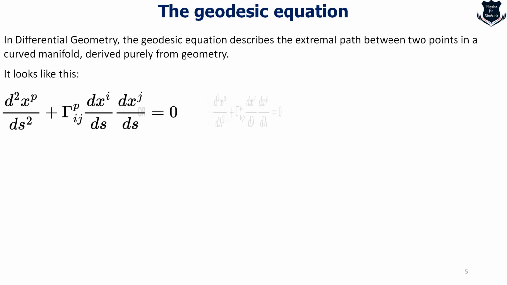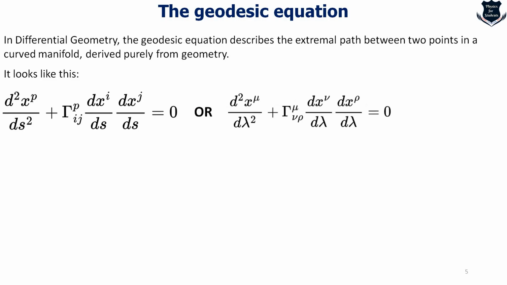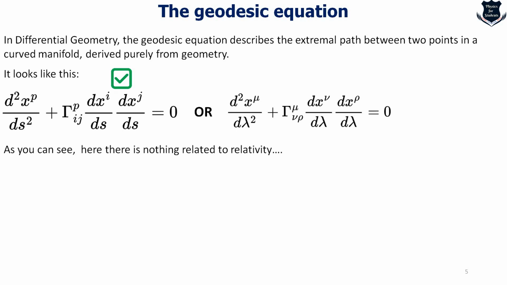Some look like this, some look like this, just the nu and the lambda etc. change, but we will look at this first one, which is more or less a taken-for-granted good convention. Again, a point is that this has nothing to do with relativity. This is just differential geometry, a purely geometric equation.